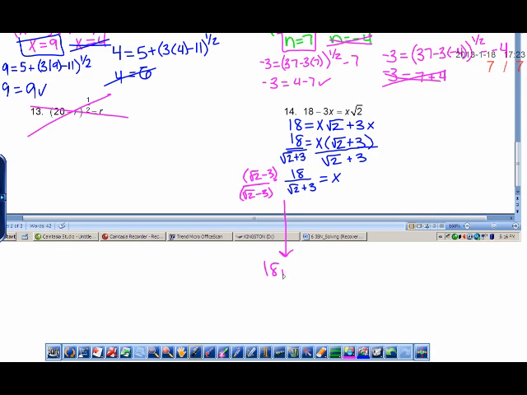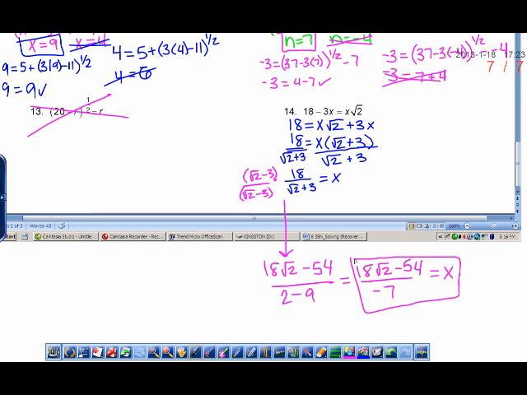I would get 18 root 2 minus, let's see, 18 times 3 is 54, over root 2 times root 2 is 2, and negative 3 times 3 is negative 9. So that is (18 root 2 minus 54) over negative 7. That is my x value. Nothing can reduce because nothing goes evenly into 18, negative 54, and 7.